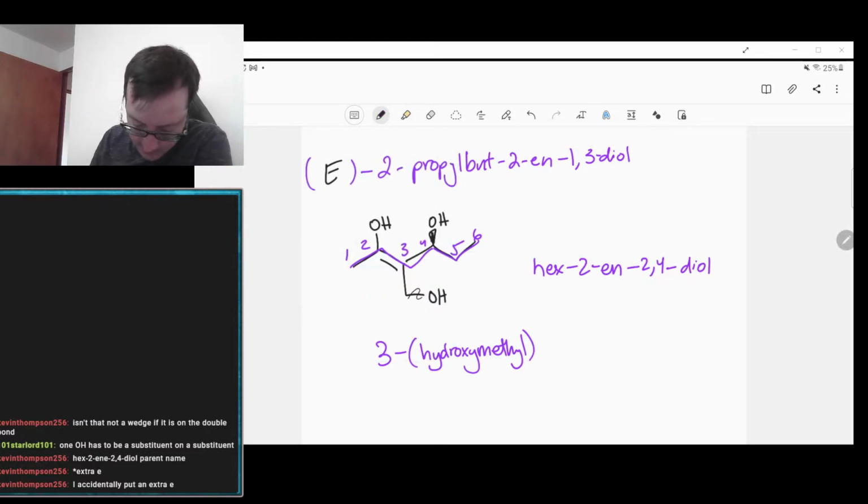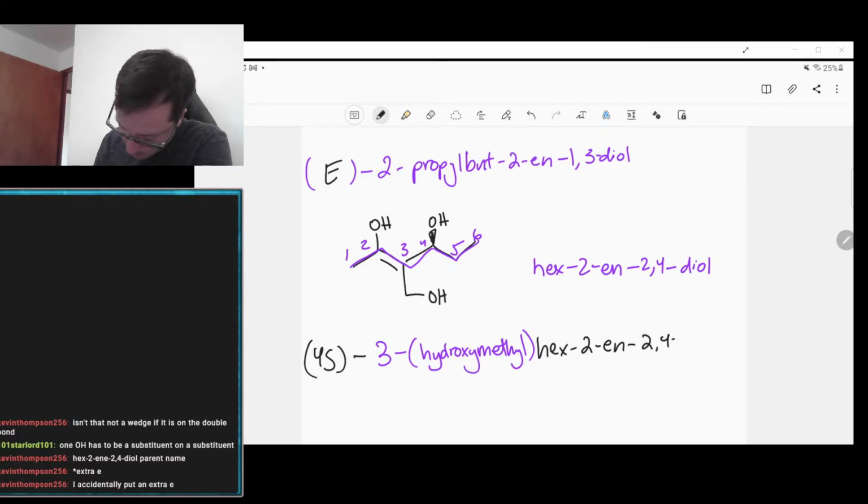If we had another carbon in here, we would have to put a locator number. We'd say 1-hydroxyethyl. But since we don't, we do not need a locator number within our parentheses. 3-hydroxymethyl. And then on our 4th carbon there, we have a 1, 2, 3, we have an S. So 4S, 3-hydroxymethyl, hex-2-ene-2,4-diol.